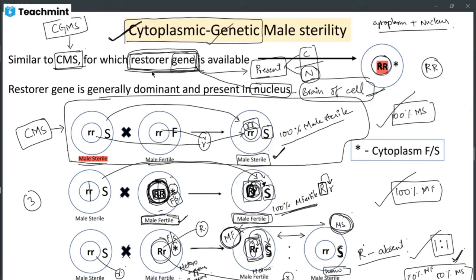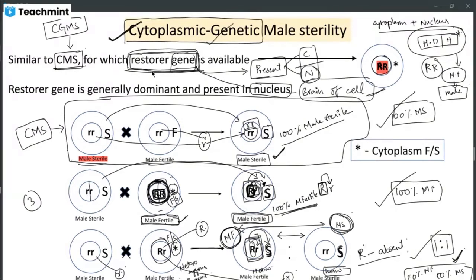If the restorer gene is in homozygous dominant or heterozygous condition, whatever might be the cytoplasm, whether it is fertile or sterile, what will be the fertility status of this line? Fertile. It will be male fertile, and it is used as your male line, right?